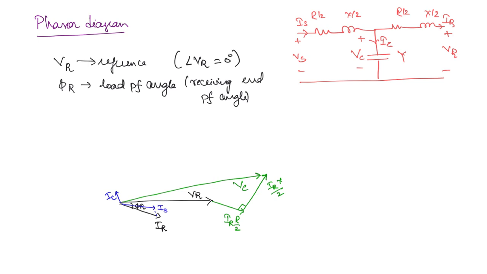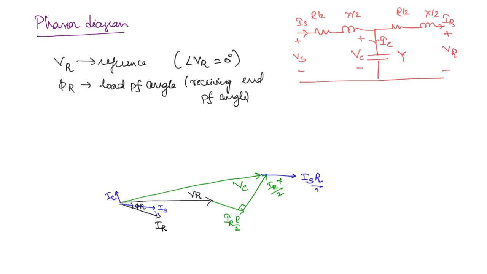Now what is VS? It is the sum of VC and the drop across this. We know VC. Now how do we find the drop across this? With the help of this IS vector. So parallel to this IS, you have to draw from VC.